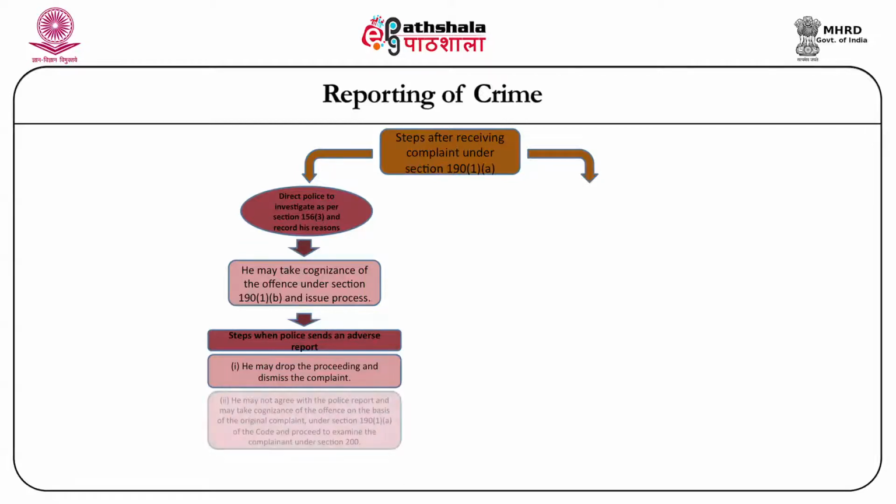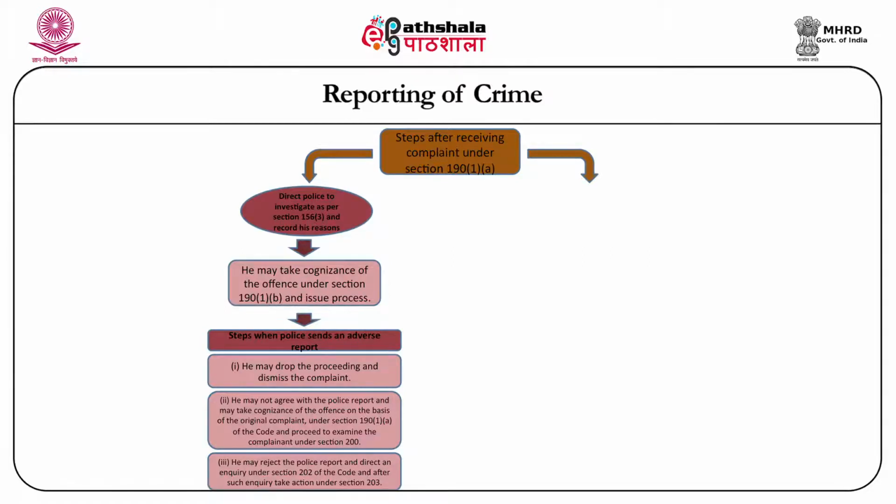Secondly, he may not agree with the police report and may take cognizance of the offence on the basis of the original complaint filed under section 190 1 A of the code and proceed to examine the complainant and witnesses as per section 200. Or he may reject the police report and direct an inquiry under section 202 of the code, and after such inquiry may take a decision as per section 203 of the code.